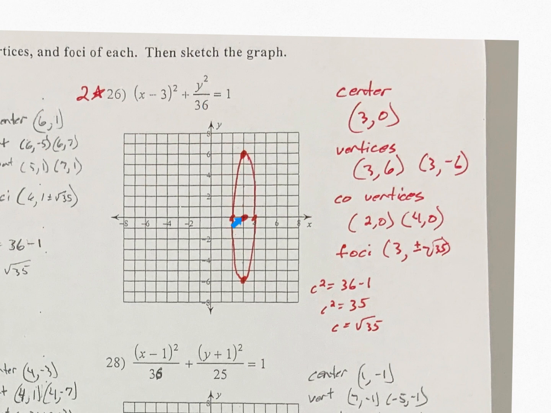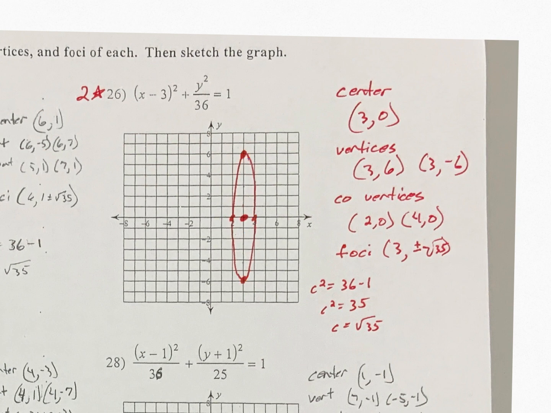So we're going to be going up 6 and down 6 on the y-axis from the center. And then the x term is over 1. It's not written, but it's over 1, so we're going to be going to the right and to the left 1. So now I'm able to plot those points.